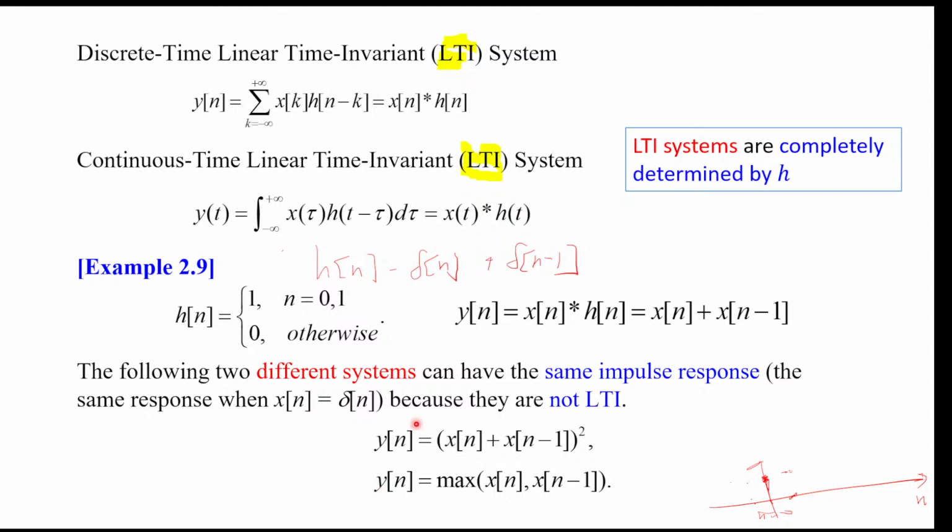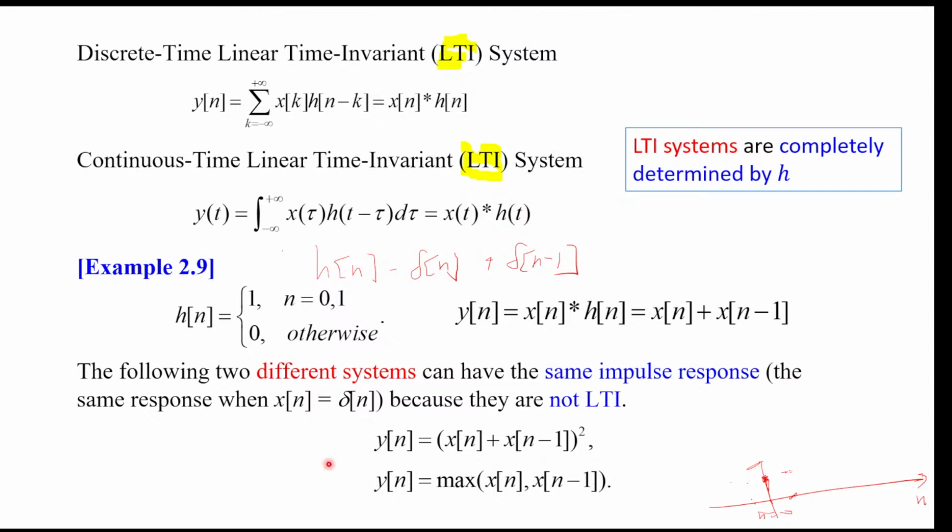And here are two examples of non-LTI systems that have the same impulse response h. For example, this system, whose output is basically the input squared, and also this output being a mix of x of n and x of n minus 1. I think it doesn't give us too much insight to calculate their impulse response, but you can plug in the input x of n as a delta function and see that the output y of n is indeed this function for those two systems.